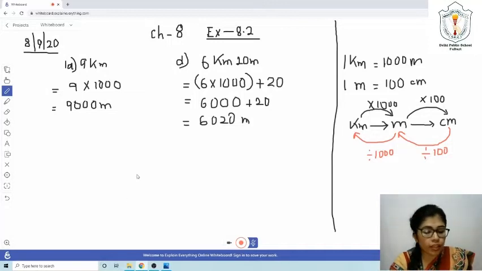Don't forget to write the units. Again, I'm telling you, don't forget to write the units. Okay. Now I hope you can do the rest. All are similar. You can do it. So you will have to do from A till L, everything in your notebook. Fine. Now let us move to the next exercise.